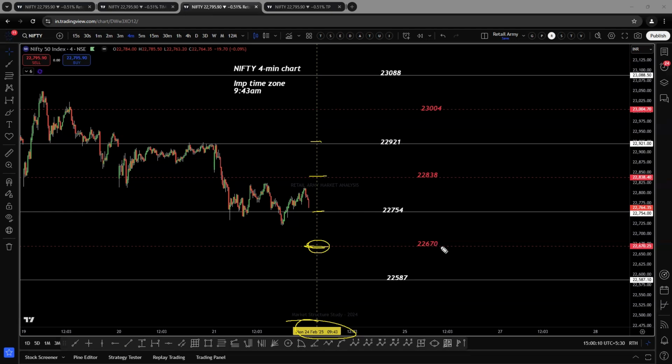We want to find a vibration level. The point where price and time touch is the vibration level. After that, we want to see whether the market finds a bullish setup, or sustains below it so that we can find a bearish setup. That is a very simple method, not complicated at all.